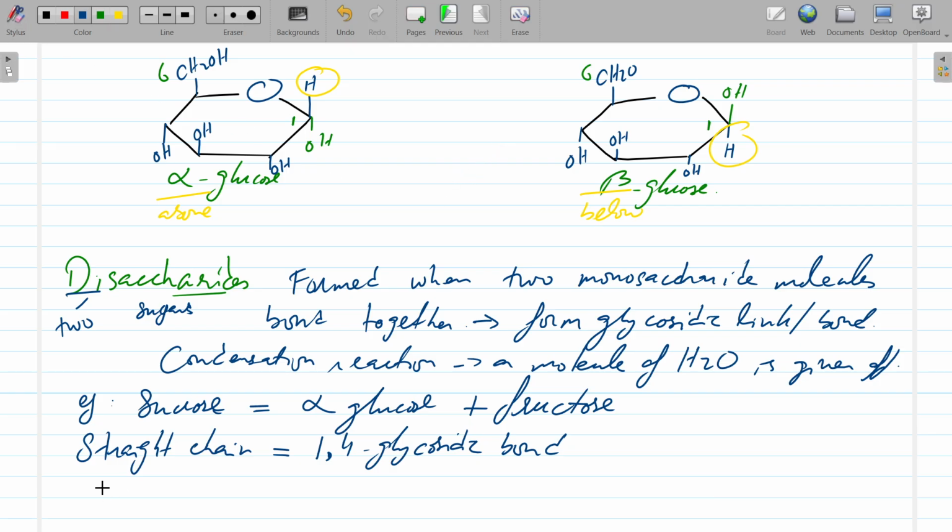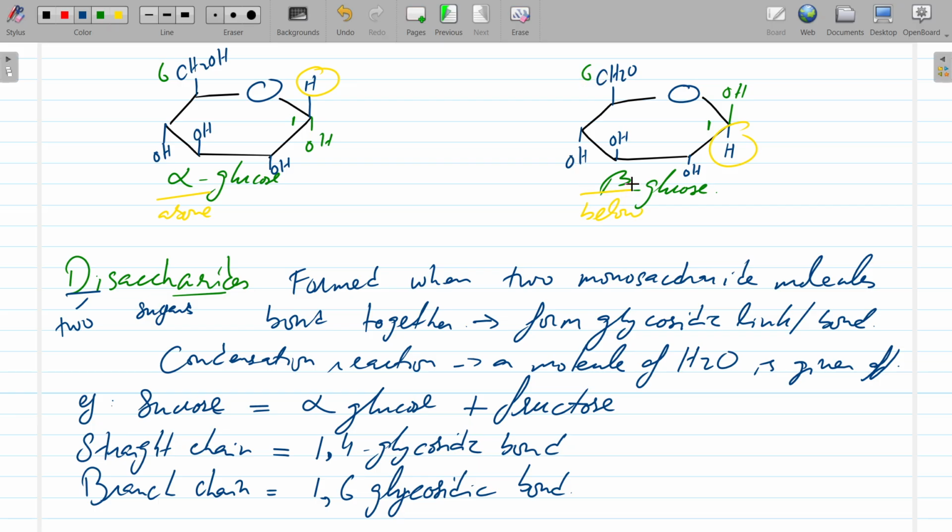The other type, which is mostly seen in branch chains, and again the straight and branch chain thing is something we'll see in polysaccharides, is a 1,6 glycosidic bond. That, of course, is carbon 1 forming a bond with carbon 6 up here.